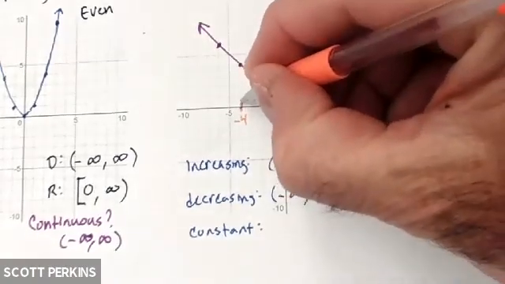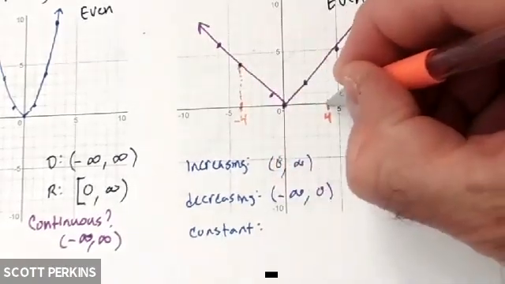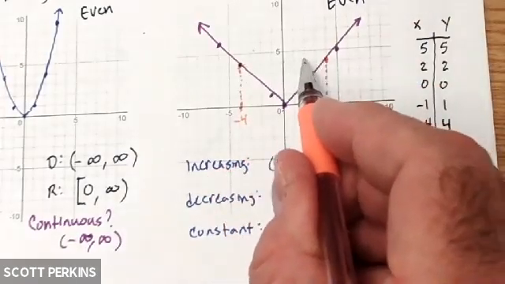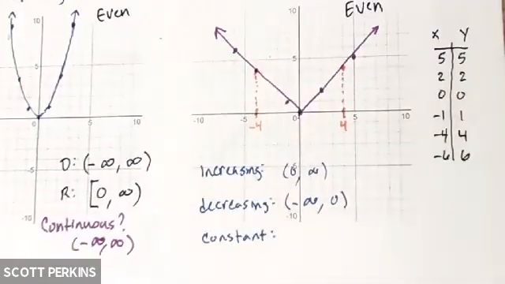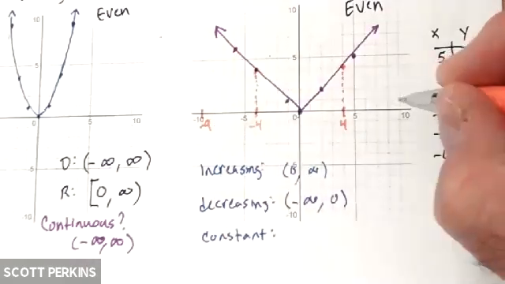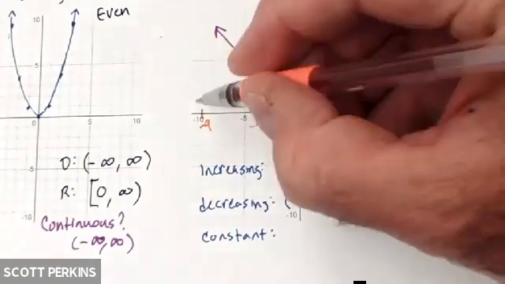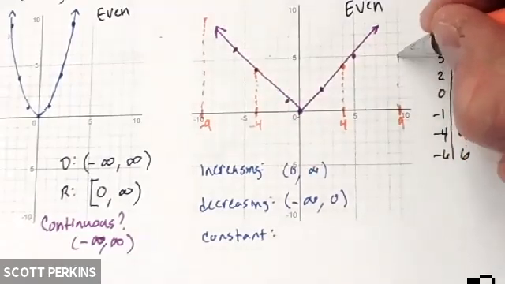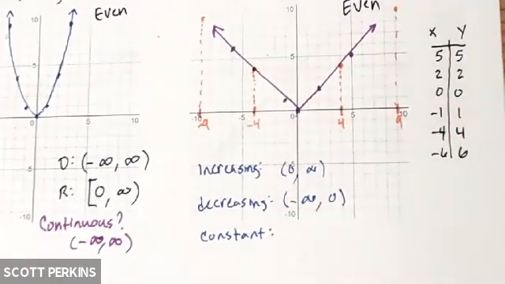There we go. And notice I am at the same exact y value right there. And you can do that for any x value. So if I went back -9 and I went +9, then for both of those, if I had extended the graph enough, I should get the same y value. And that's what the definition of even is saying.